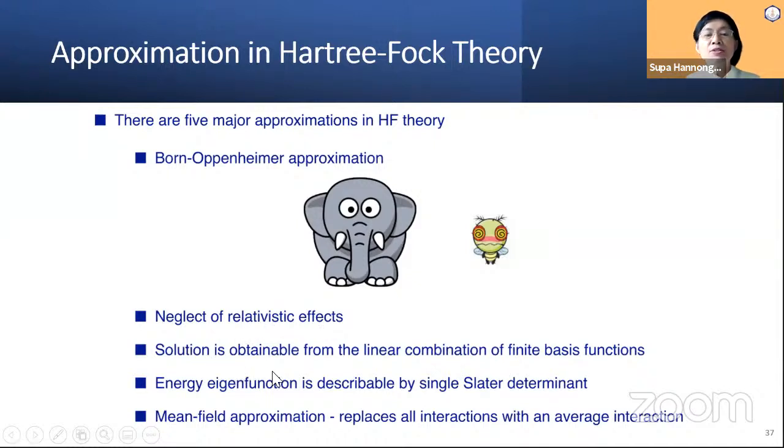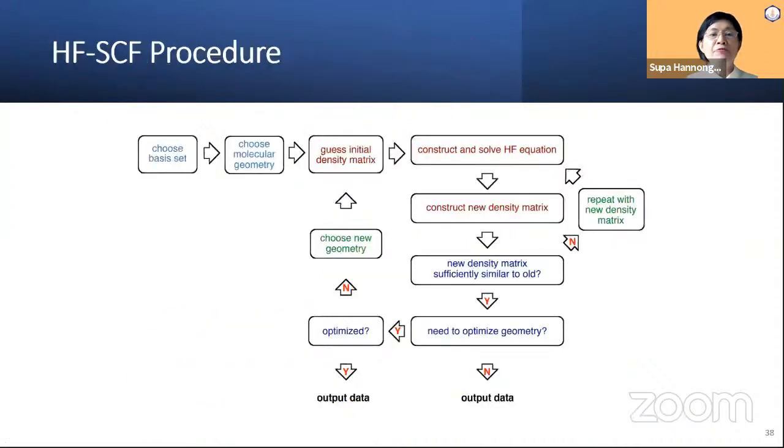The solution is obtainable from a linear combination of finite basis functions. The energy eigenfunction is described by a single Slater determinant, and also the mean field approximation replaces all interactions of the electrons in the system.